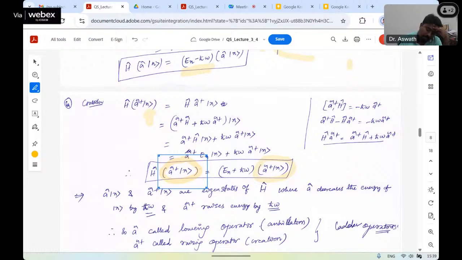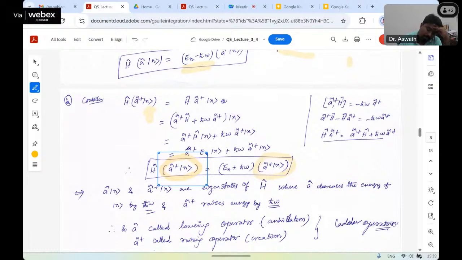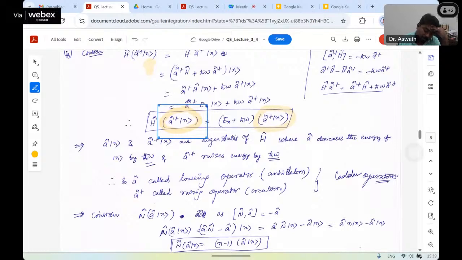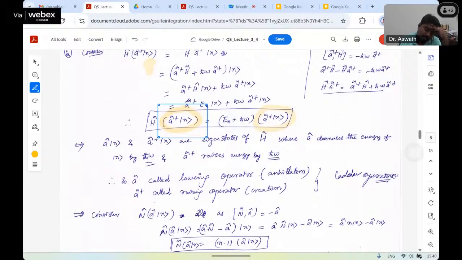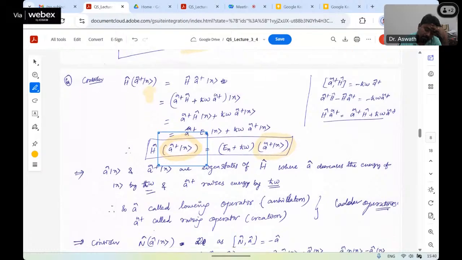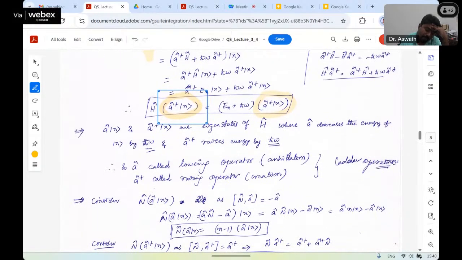That means A and A dagger, which I have defined, are ladder operators, which lower and raise the given quantum state of the harmonic oscillator by a factor of ħω, in the case of A dagger raising it.